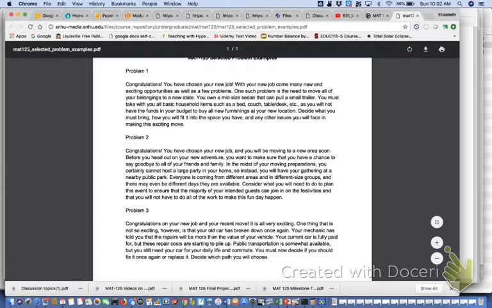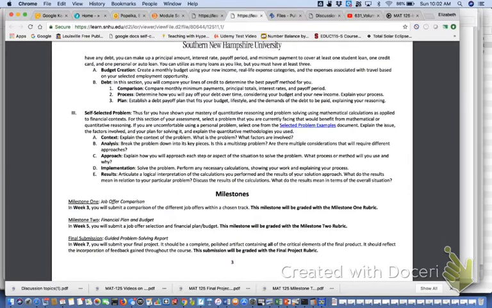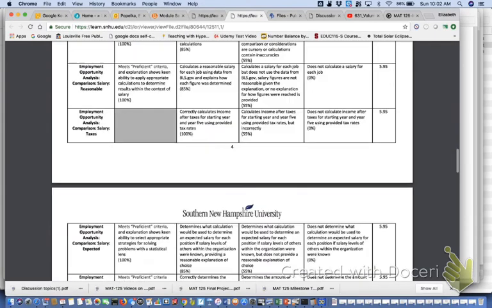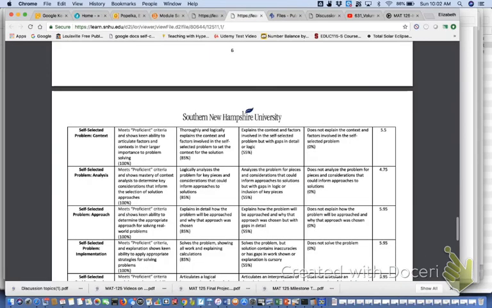If we look at the rubric, you'll see that it's really to your benefit to outline that for me anyway. So let's take a look at that rubric in the self-selected problem portion. I know this rubric is huge and overwhelming, guys, but it's really just because it's 3 projects' worth of rubrics all put together.